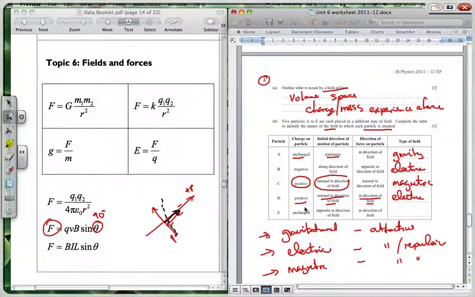And here we have uncharged and opposite to the direction of the field. That's the initial direction, and the direction of the force is on the particle. So this, in the direction of the field, must be your gravitational.